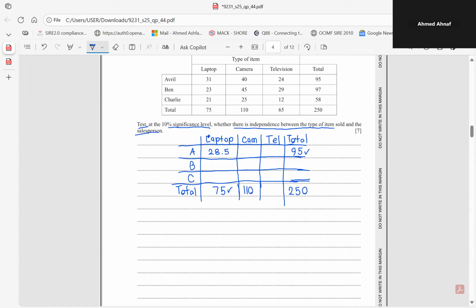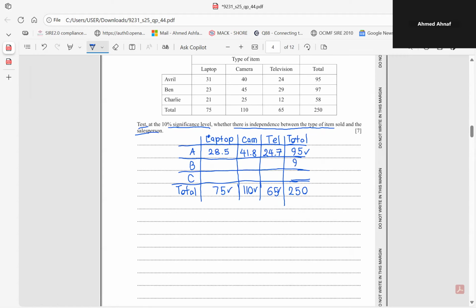Now let's do it for camera. 110 times 95 over 250, you get 41.8. For TV, 65 times 95 divided by 250, you get 24.7.